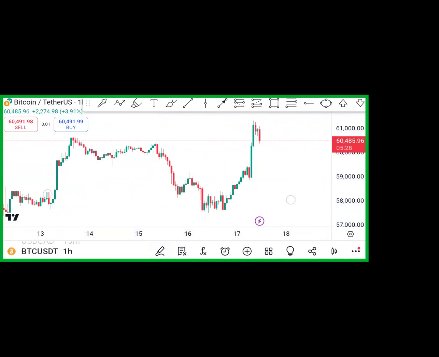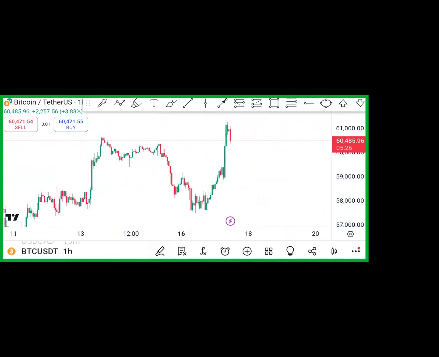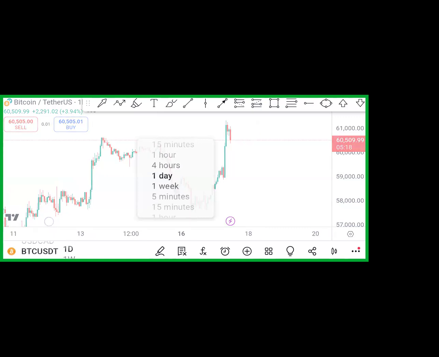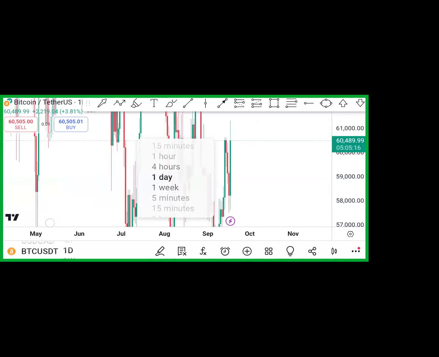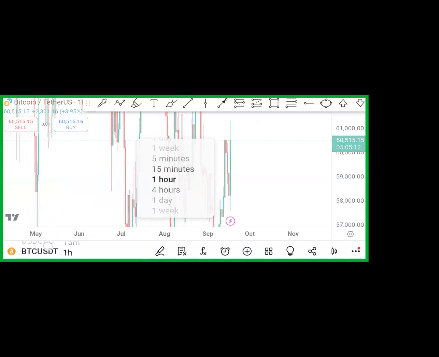Now, how do you go about this? You want to mark out your supply and your demand level. And many traders, how do they do this? They go over to the daily time frame and use their support and resistance as a supply and a demand level. But since you guys are here, I use my 1 hour time frame to mark it out.